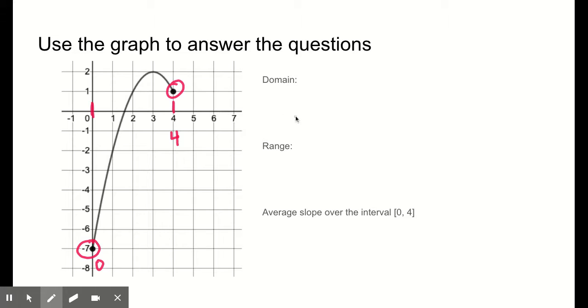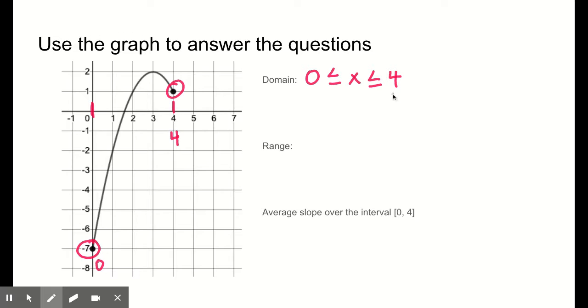Now, it doesn't specify how to write this, so I'm going to write it in both inequality and interval notation. So from the left side, 0 is less than or equal to x, which is less than or equal to 4. So again, left side of the graph to right side of the graph.